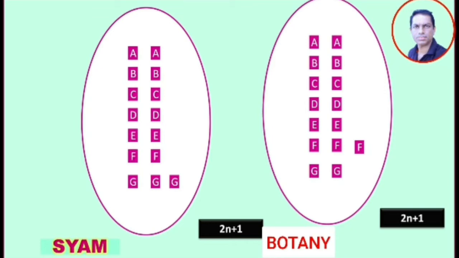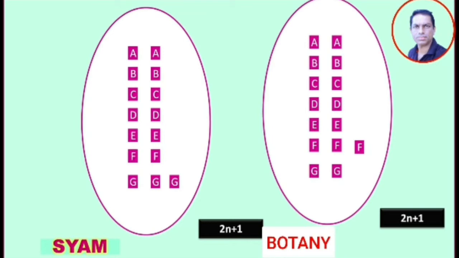AA, BB, C, DD, EE, FF are bivalents, but for G, 3 chromosomes are present. So trivalents are found. In the second picture, the F chromosome is additionally added. So trivalent F.